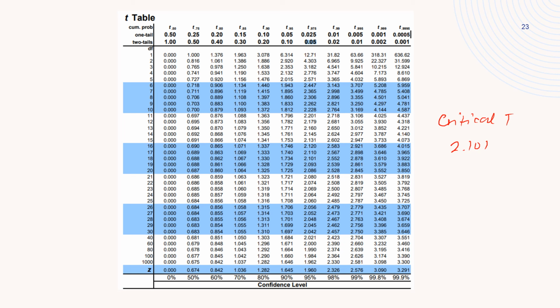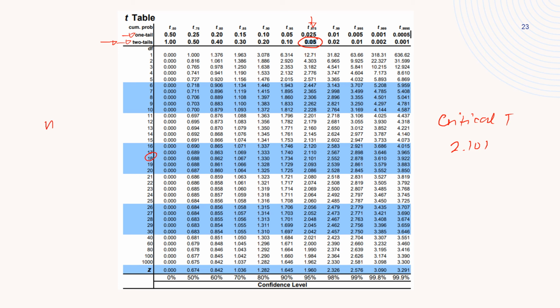Now, for our t-table, all you have to do is check if you're using a one-tailed or two-tailed test. Since we're using a two-tailed test, we're going to be using two-tailed degrees of freedom. So in this case, our alpha is 0.05, so we're going to be using this column. Next, our degrees of freedom is 18.